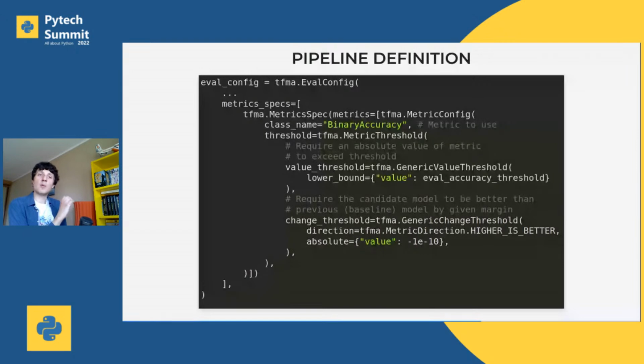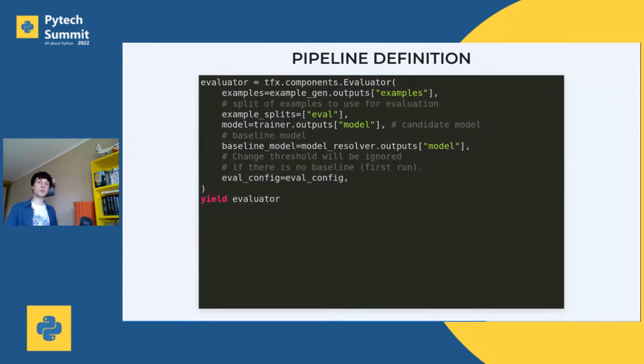So, for example, I want the accuracy to be greater than 70%, but I can also configure the change threshold, which is saying that I want my model to be blessed only if it improves by a certain epsilon over the previous baseline model. And this is great and requires 0 lines of implementation from me.